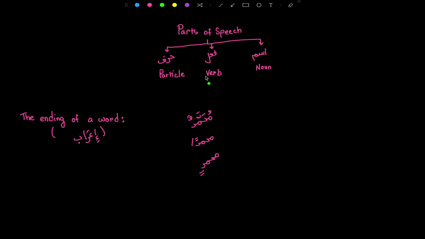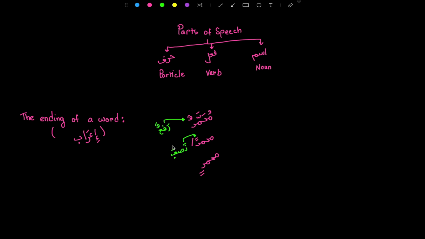This is i'rab. Now when the ending of the word has an un sound, we say that the i'rab of this ism is raf'un. When we see that the ending is an, we say that the i'rab of this word is nasbun.